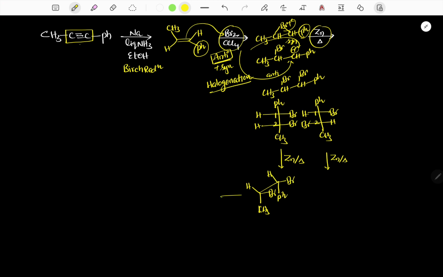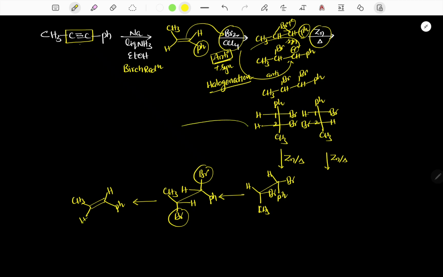Now in the Fischer projection, we have to take the 2 bromines on opposite sides. So here we have to remove the halogen Br2, and finally we will write the corresponding alkene. So this is an anti-elimination, and finally we get the corresponding trans alkene.